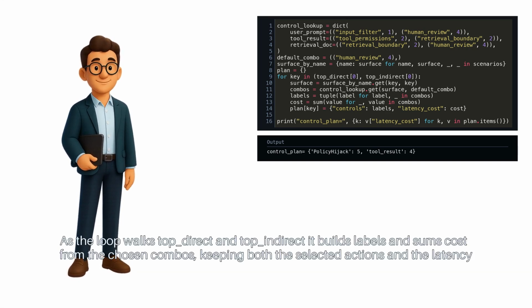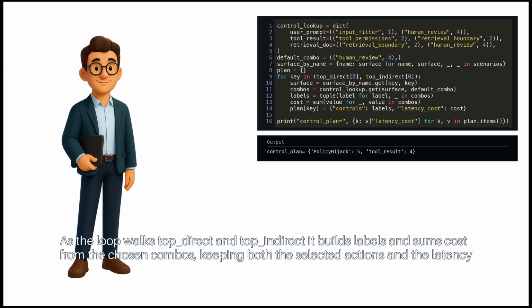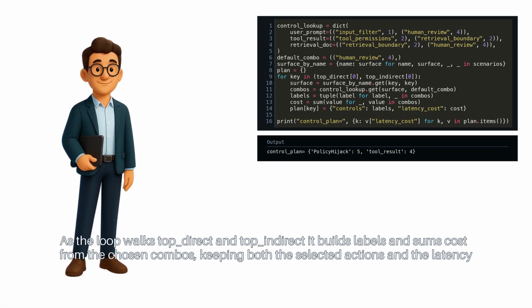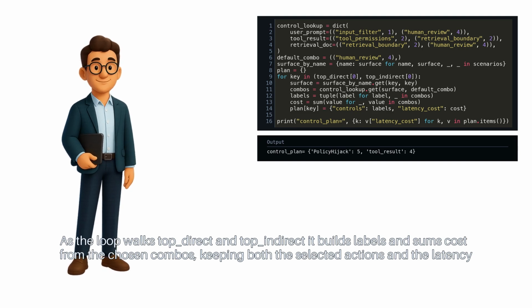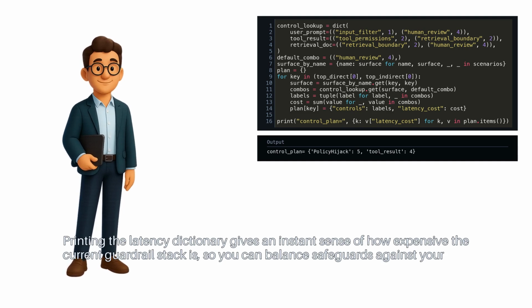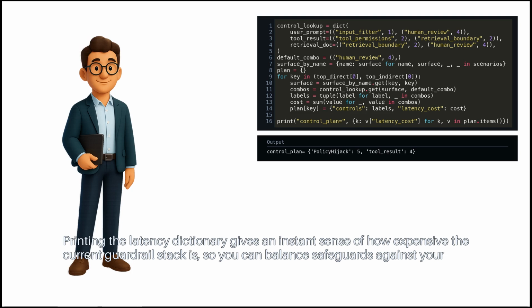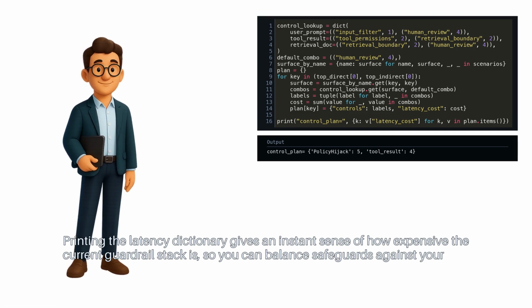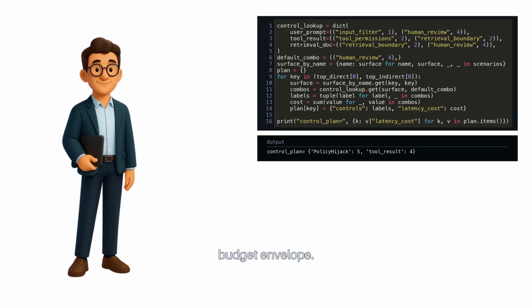As the loop walks top direct and top indirect, it builds labels and sums cost from the chosen combos, keeping both the selected actions and the latency impact your SLOs care about. Printing the latency dictionary gives an instant sense of how expensive the current guardrail stack is, so you can balance safeguards against your budget envelope.